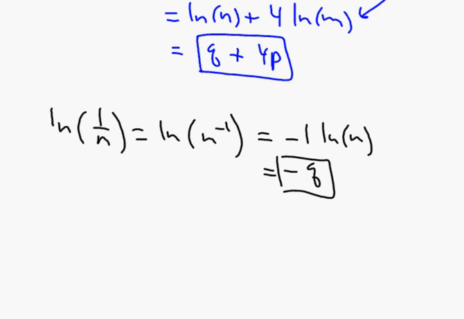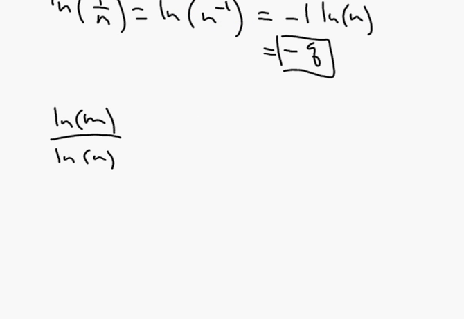Okay, here's a question where you're tempted to go use one of your rules of logs, but you shouldn't. ln of m over the ln of n. It's very tempting to think, oh, that's rule 2, right? But rule 2, if you recall, looks like this. The ln of a over b equals the ln of a minus the ln of b.